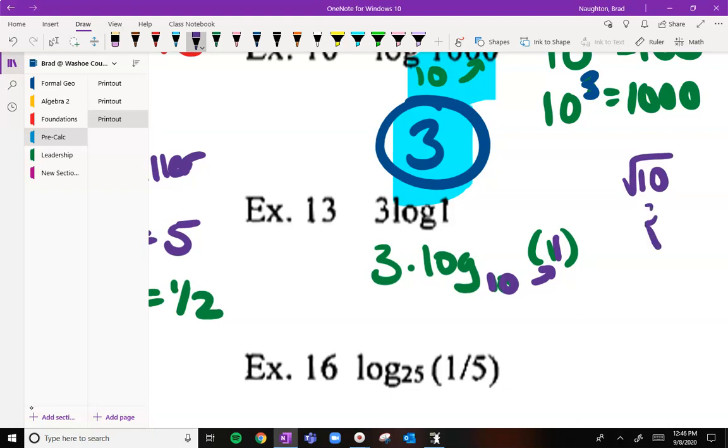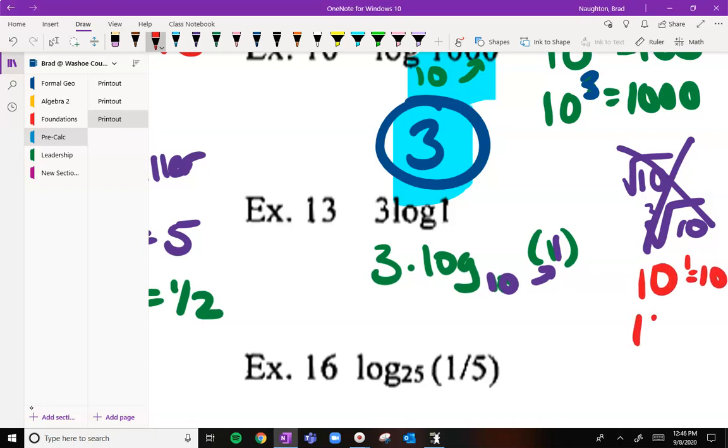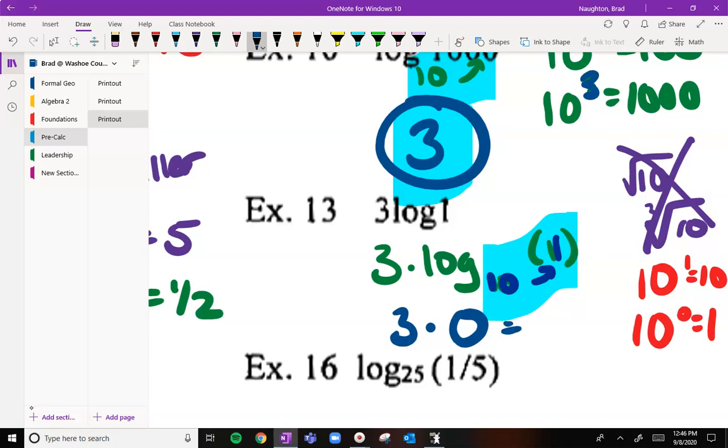If I do a cube root, I'm just getting smaller than that. So that's not helping me at all. So let's remember some important rules. What is 10 to the 1? 10. What's 10 to the 0? 1. Anything to the 0 power is 1. So if I want to go from 10 to 1, that's got to be 0. So that's a 0, and then the 3 comes down, so my answer is just 0.